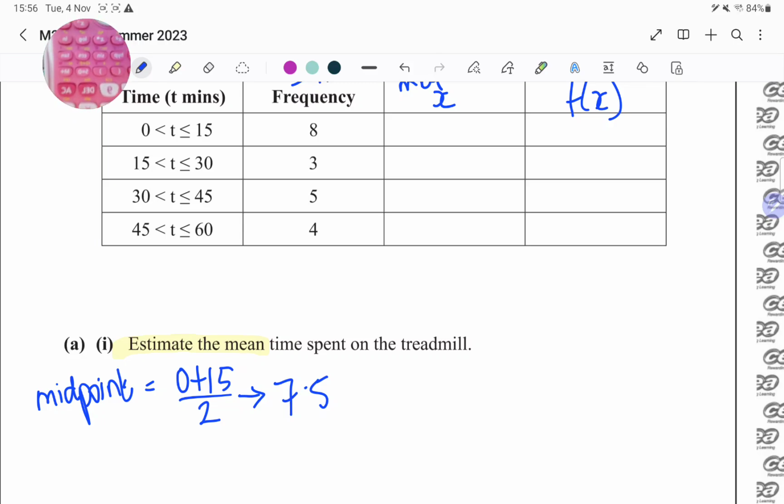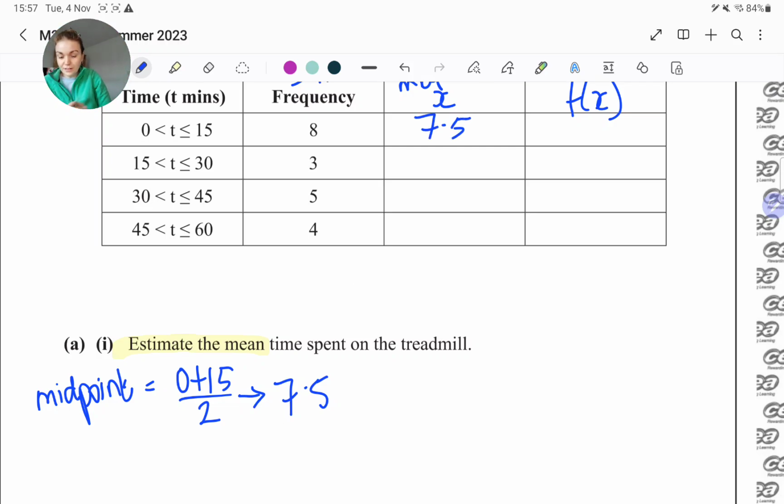Click the SD button and it will give you that also as a decimal. So that gave us 7.5.